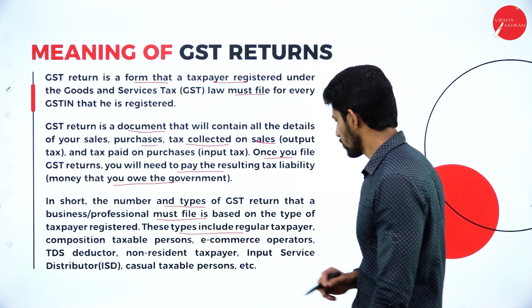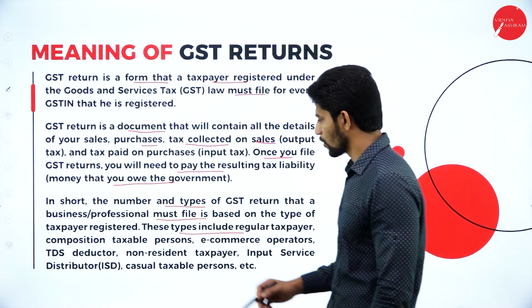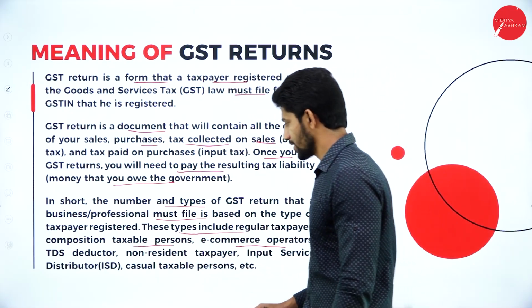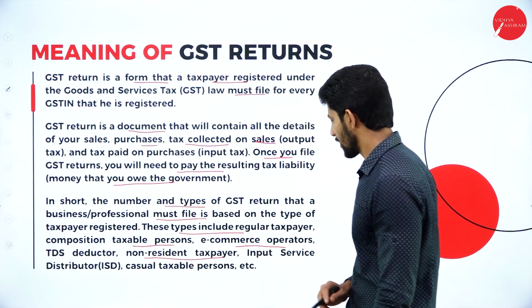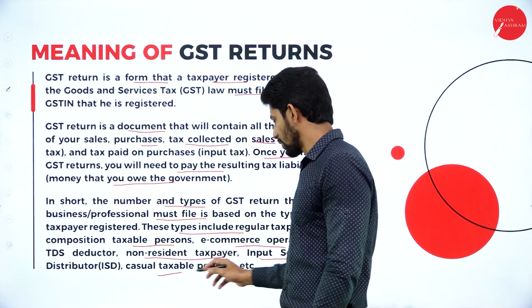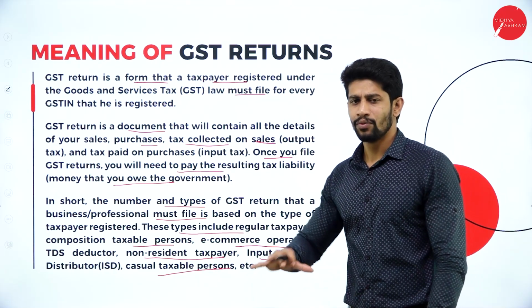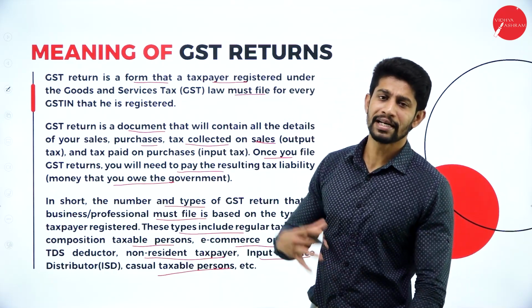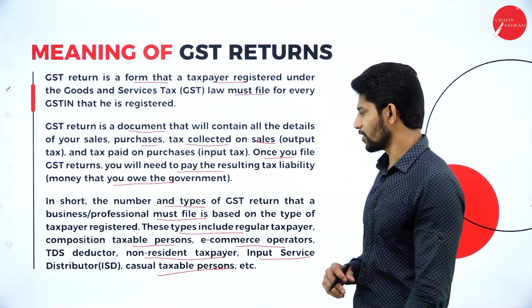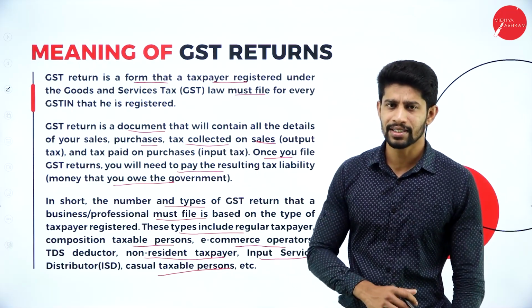These types include regular taxpayer, composition taxable person, e-commerce operator, TDS deductor, non-resident taxpayers, input service distributor and casual taxable person. Yes, here we have different types of persons who will be registering with different kinds of businesses. If he is a person who is doing e-commerce, for him GSTR returns are different.